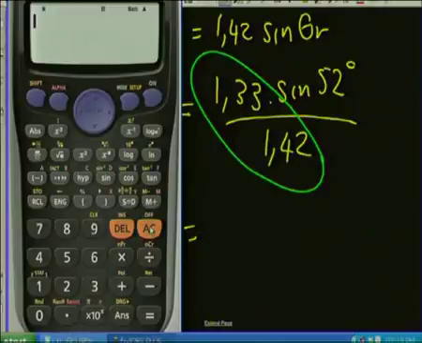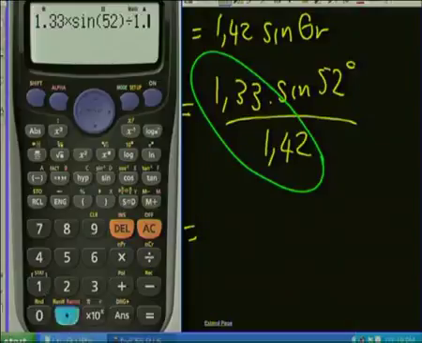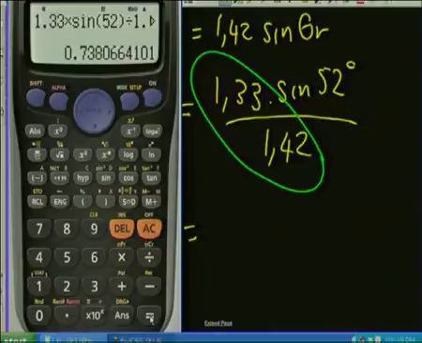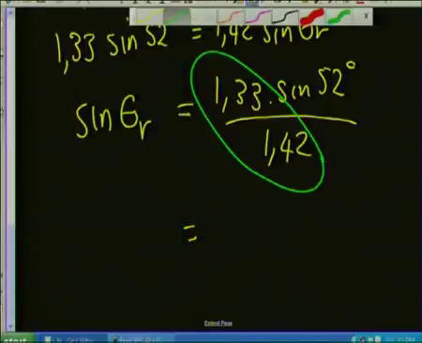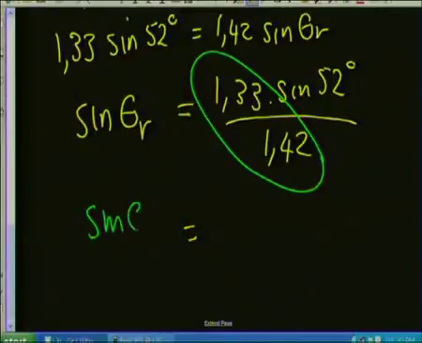Let's substitute in 1,33 multiplied by the sine of 52, close the brackets, divided by 1,42, and that's going to give me an answer of 0,738. I do want to take note of it, so I'm going to write it down: sine of theta r is 0,738.